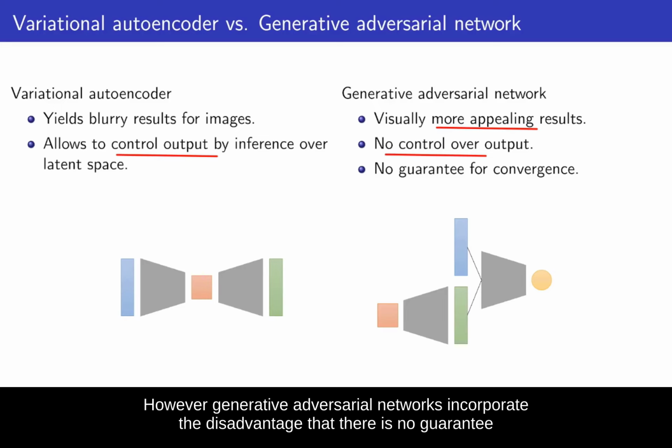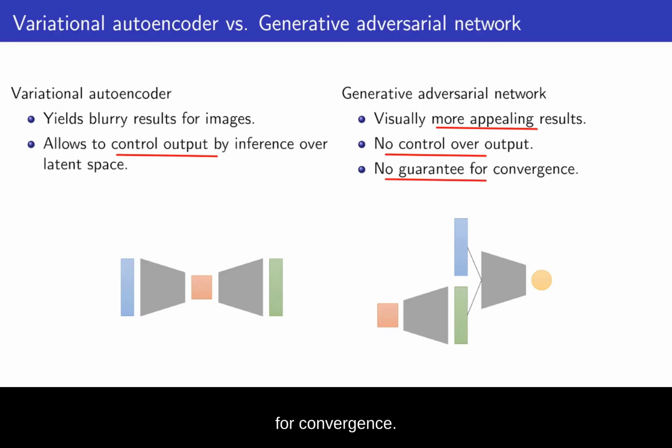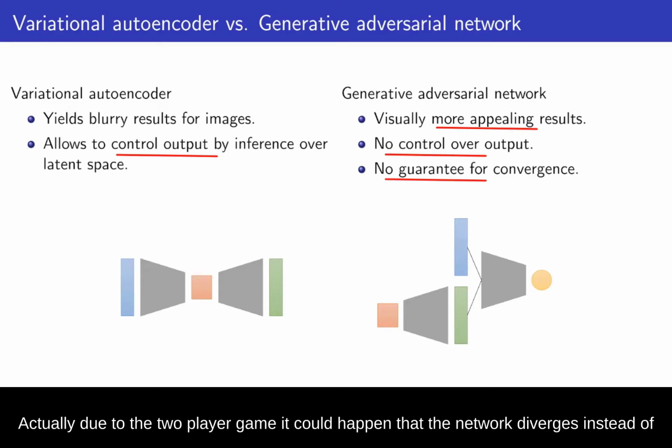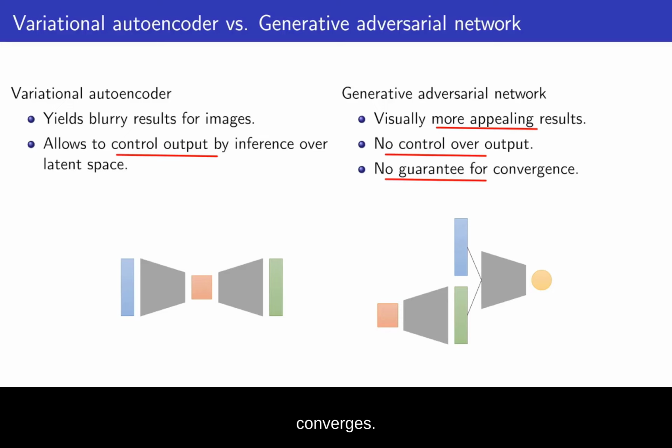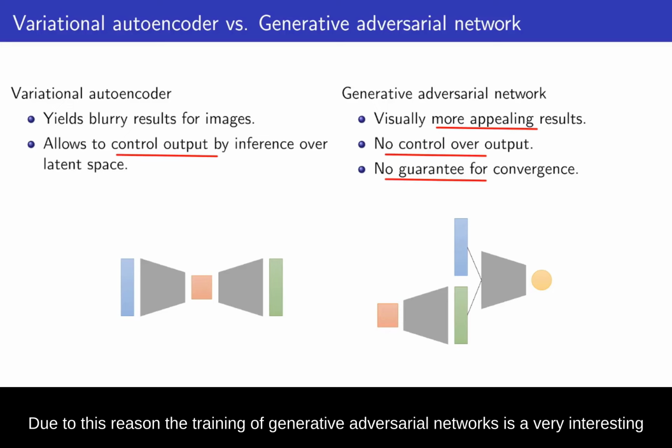However, generative adversarial networks have the disadvantage that there is no guarantee of convergence. Due to the two-player game, it could happen that the network diverges instead of converging. For this reason, the training of generative adversarial networks is a very interesting challenge.